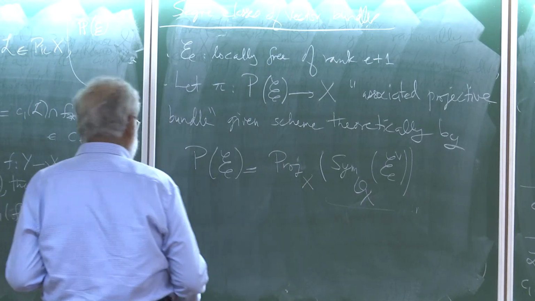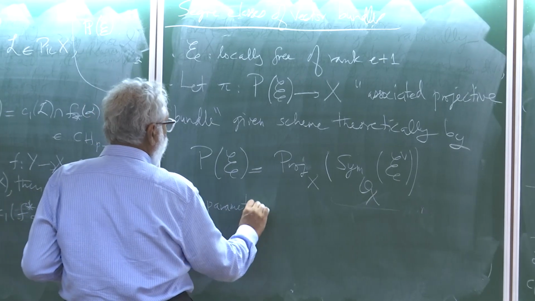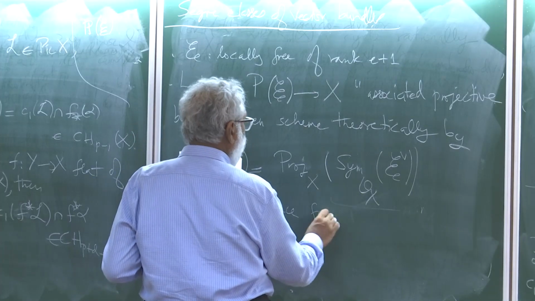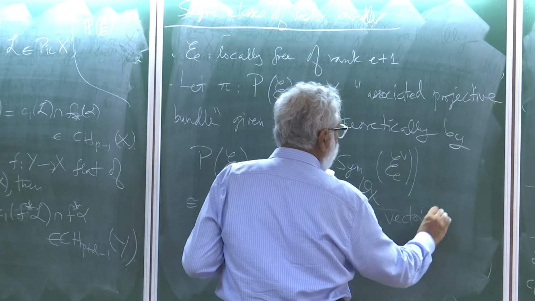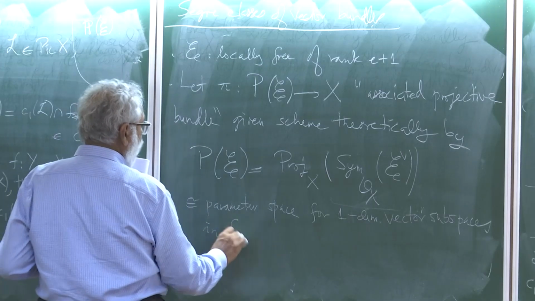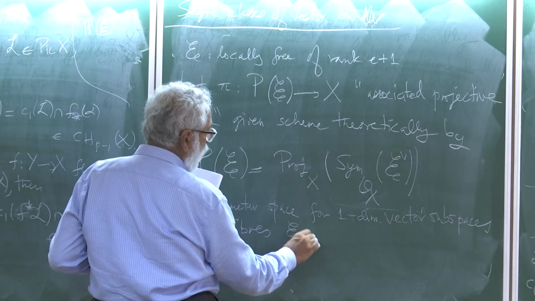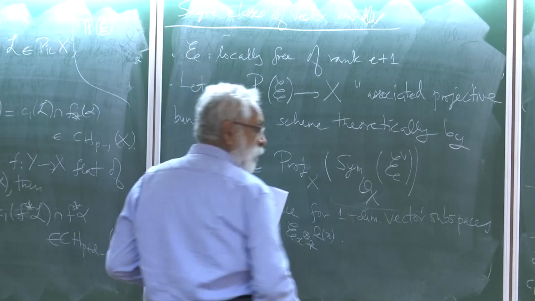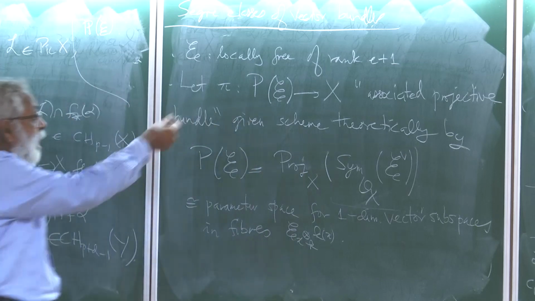So what are the properties of this thing? This is the parameter space for one-dimensional vector subspaces in fibers. What are fibers? Things of the form: you take the stalk at x, tensor the residue field. This is a vector space over k(x) of some dimension e plus 1.